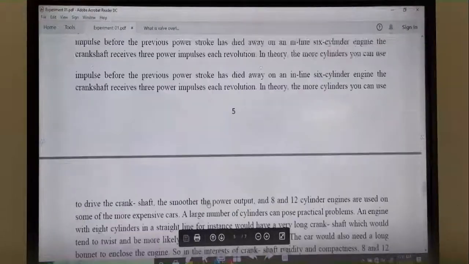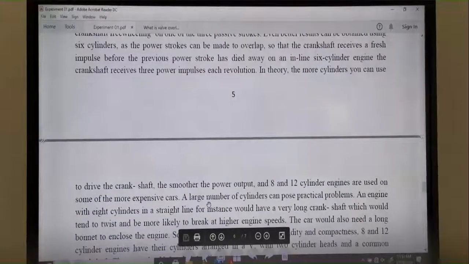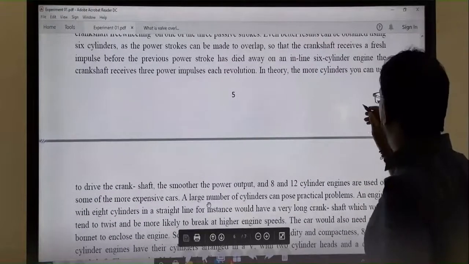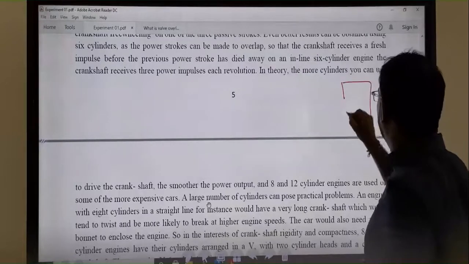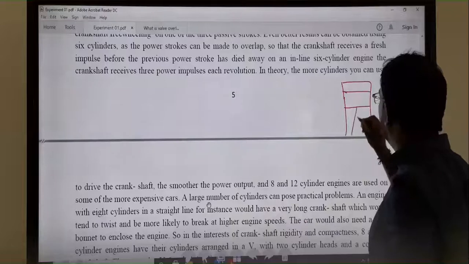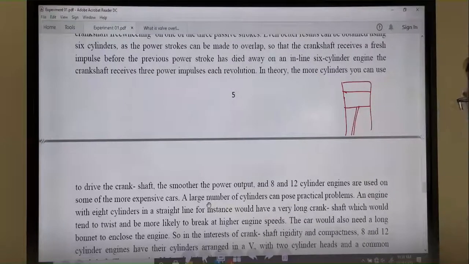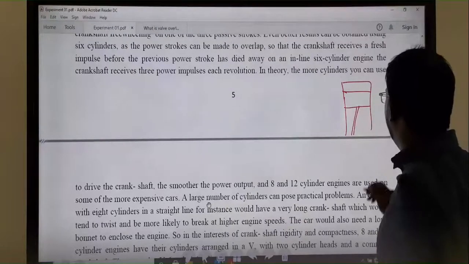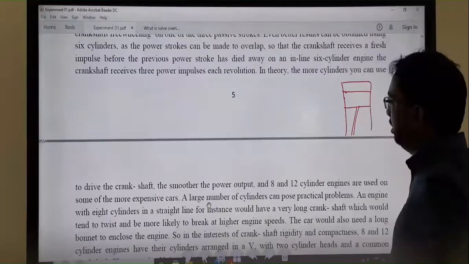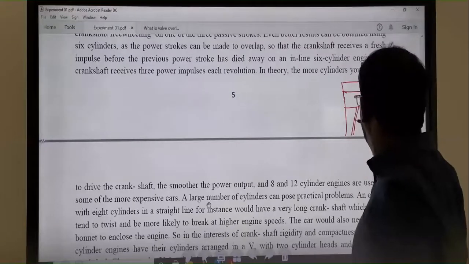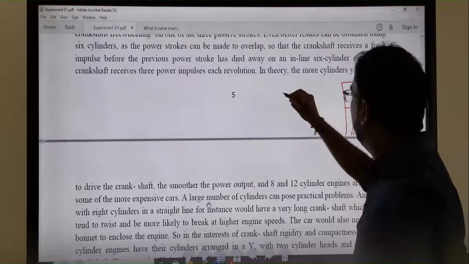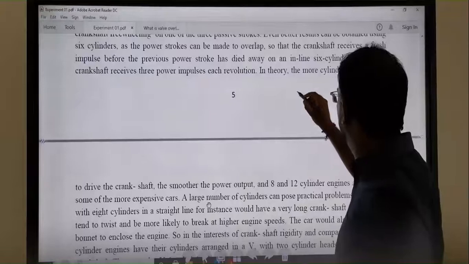So we can study, for example, the single cylinder engine. Okay, it will get power, there's a four quarter.